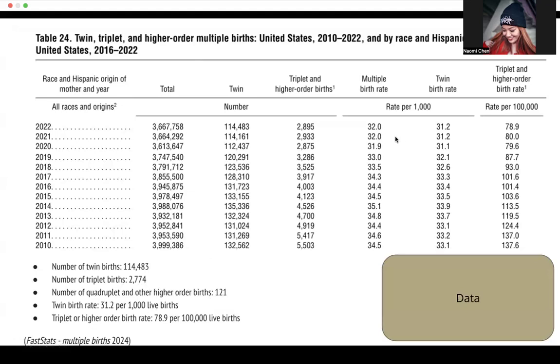Twin birth rate is 31.2 per 1,000 live births. Triplets and higher order birth rate is 78.9 per 100,000 live births.